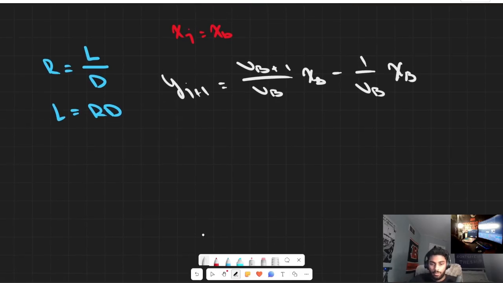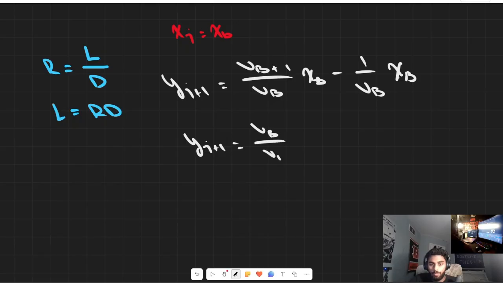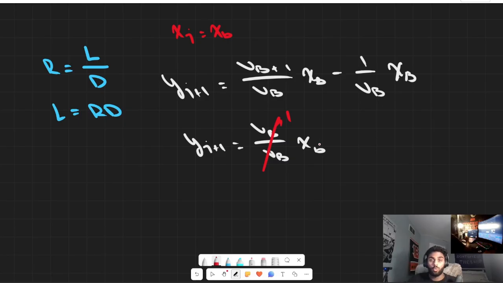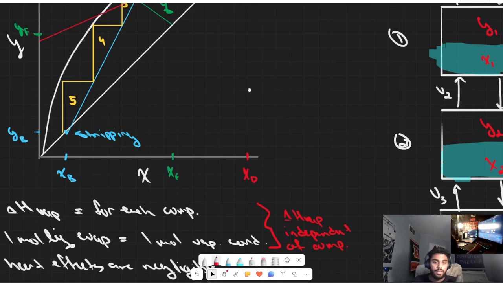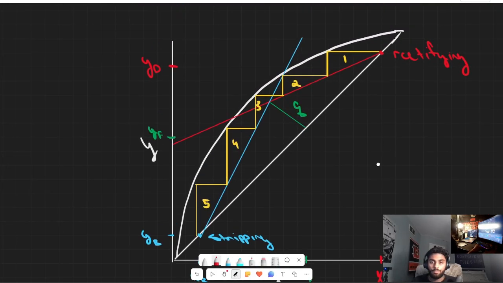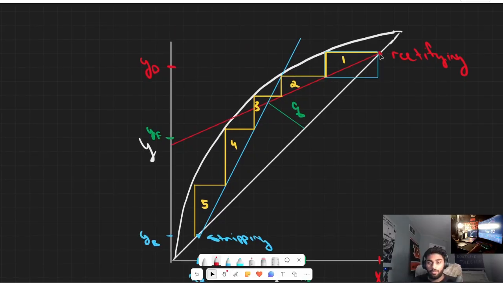And what ends up happening is that we subtract 1 on both sides on this numerator, and we get yj plus 1 equals Vb over Vb times x of the bottoms. This equals 1, so our y is equal to our x once again, and that satisfies this x equals y condition at the bottom.